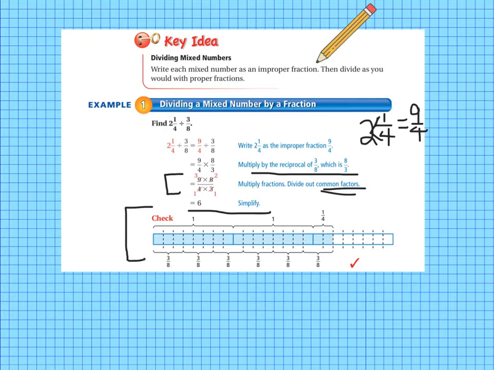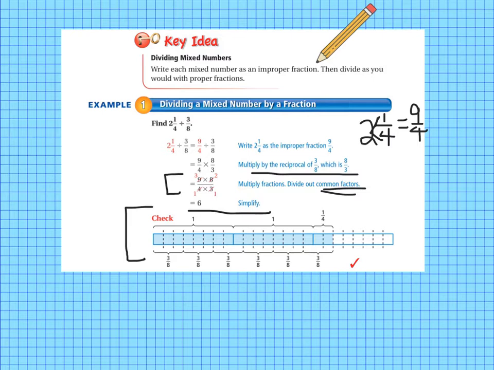Here's a model for us to check with. If you were going to draw this model yourself, I would suggest that you use graph paper so that your sections turn out nice and even. When we draw them freehand, it turns out a little bit off, and then it's difficult to see the sections. So if we drew a 1 and a 2 and then 2/4, we'd need to divide that 1 up into 8ths and the 1/4 up into 8ths.